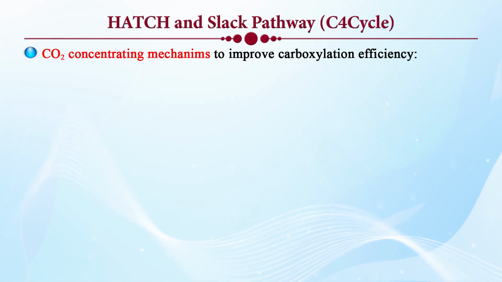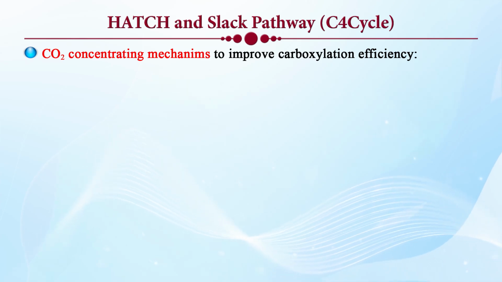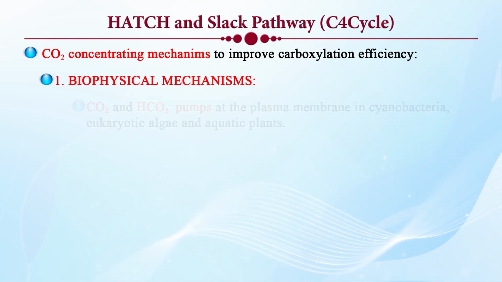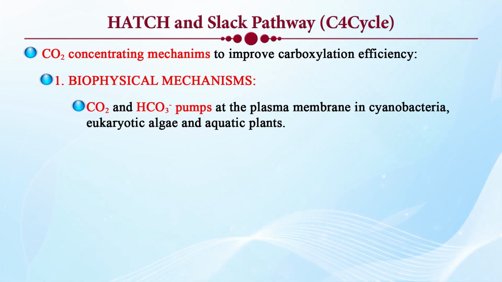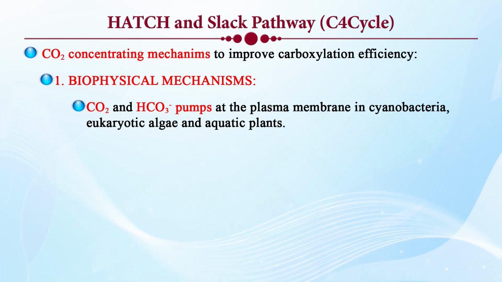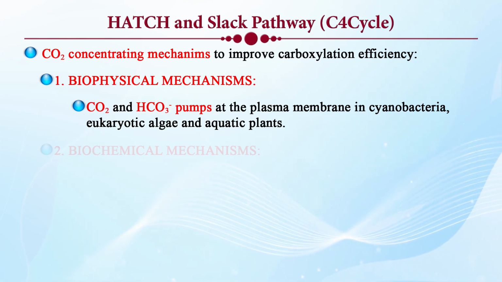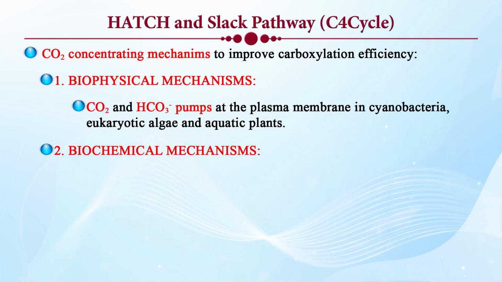Two types of mechanisms perhaps come to our mind which would have taken place. Number one, carbon dioxide and bicarbonate pumps at the plasma membrane of certain photosynthetic bacteria, the cyanobacteria or blue-green algae, eukaryotic algae, and various aquatic plants. And then some biochemical mechanisms.